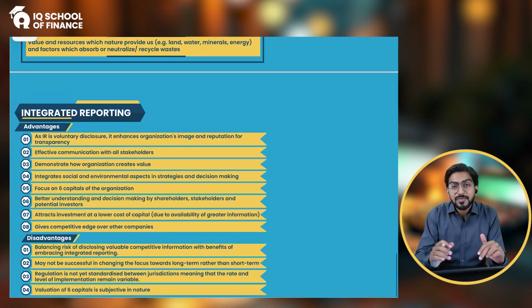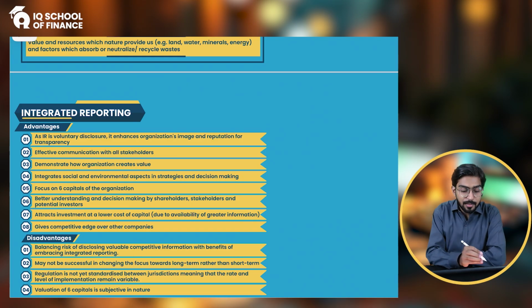Now at the end, we have some advantages and disadvantages, which are more or less what we have discussed so far. All right. So now quickly let's go through them and wind up today's lecture. So the advantage is that integrated reporting, also called IR, is a voluntary disclosure. It enhances the organization's image and reputation for transparency.